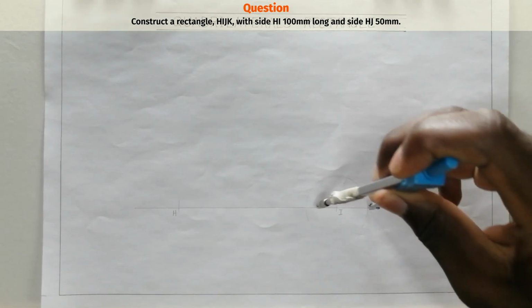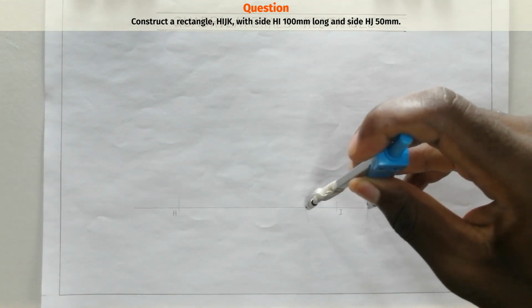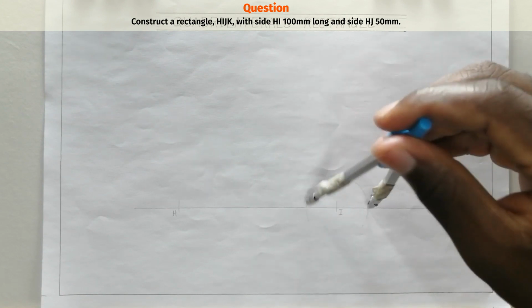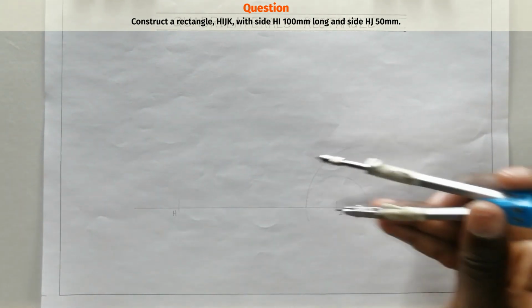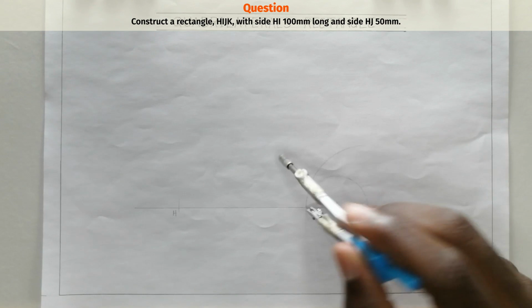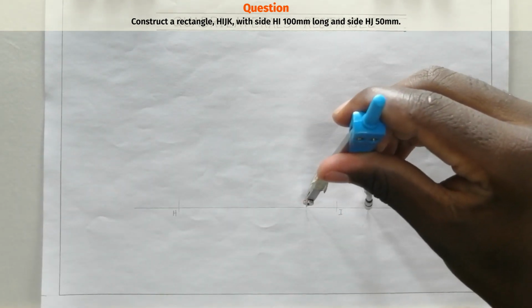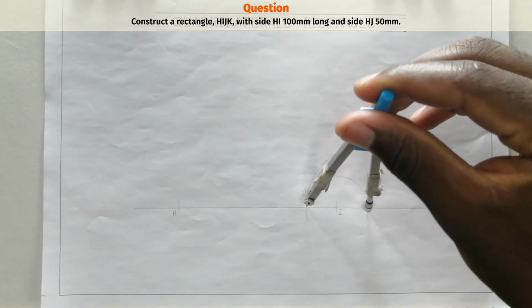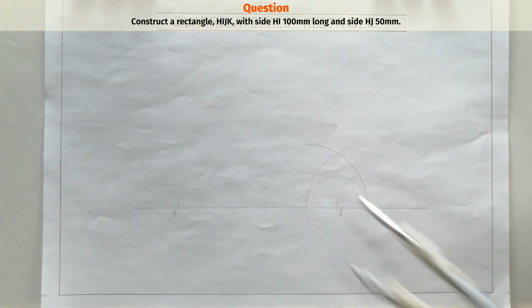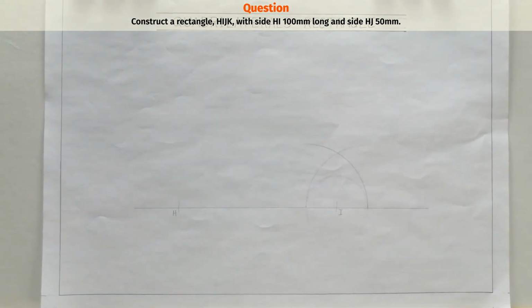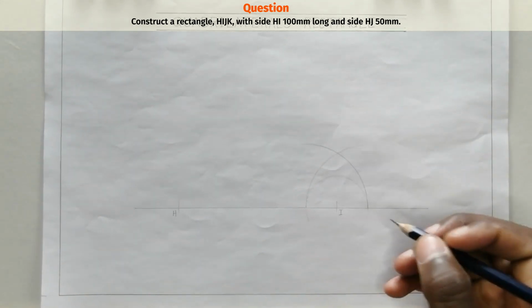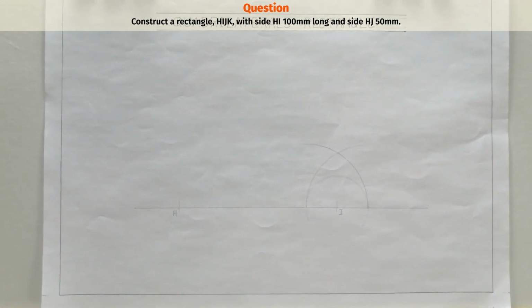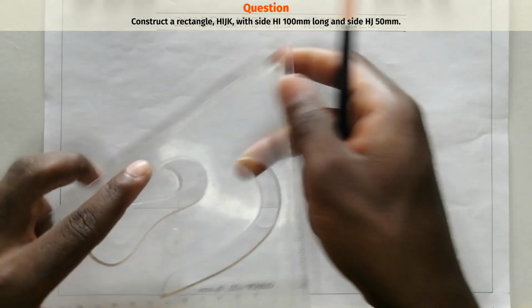So I stand like that, open to this point, mark an arc like that, stand at this point, mark an arc like that. This point that I have here is the point that is going to help me mark the 90 degrees.